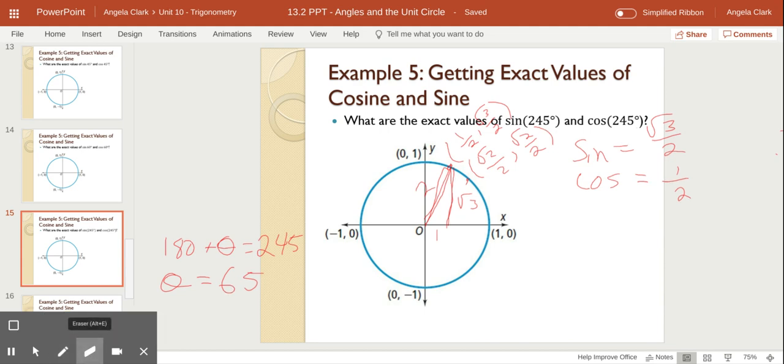We can find approximations, right? We can put it in the calculator and get an approximation. So if I put sine of 245 in a calculator, I'm going to get negative 0.906.